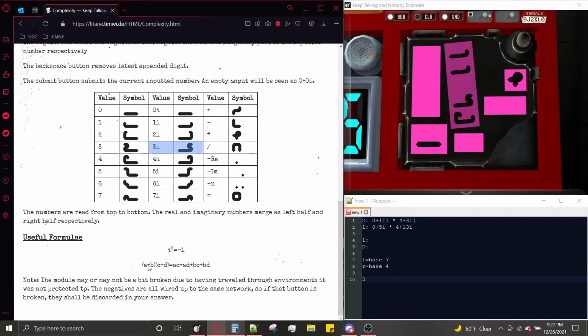So as you can see here, this is what happens when you take two numbers in this form, multiplied by each other. 0 is going to correspond to A, 5i is B, 4 is C, and 13i will be D. We're going to take the sum of all of these. So the sum of the left and the left of the right is 0 times 4, plus A times D, which is 0 plus 13 times 13i.